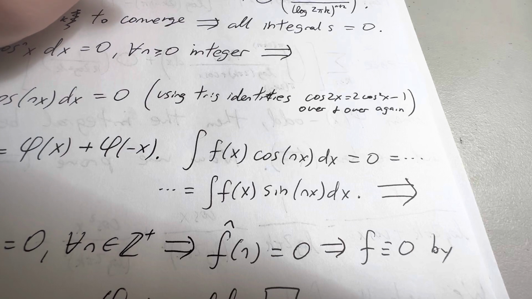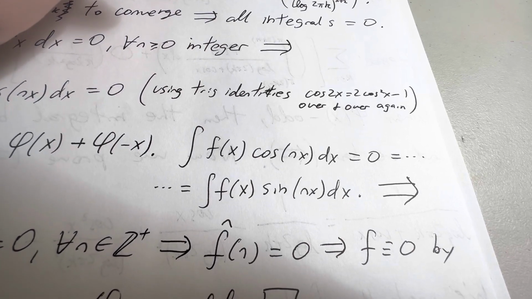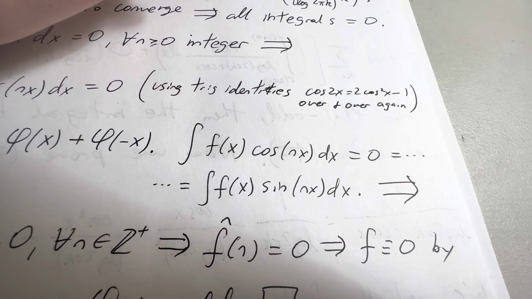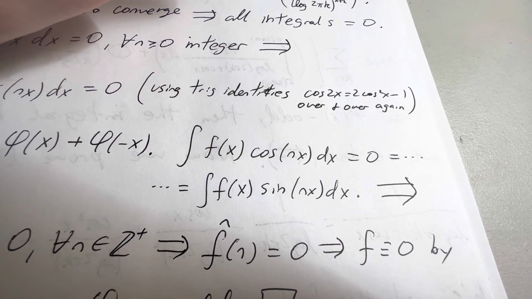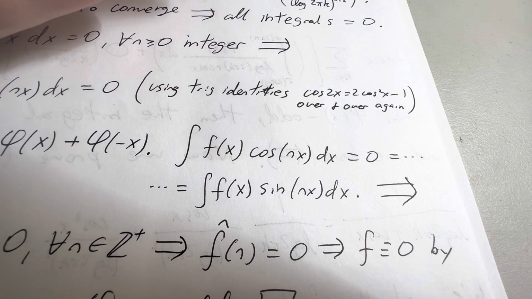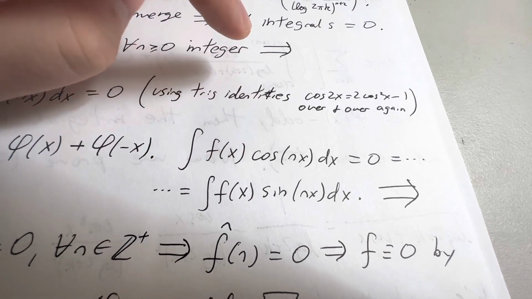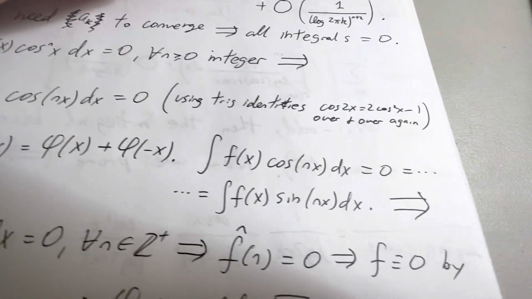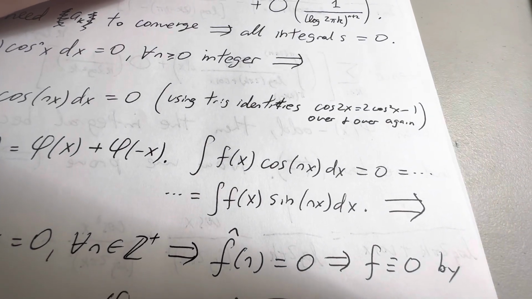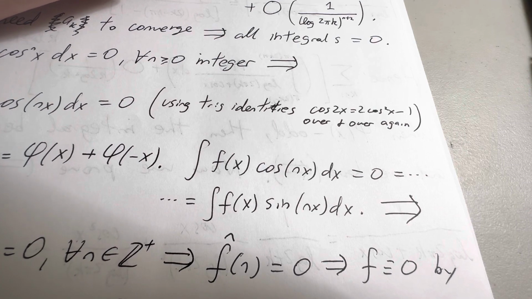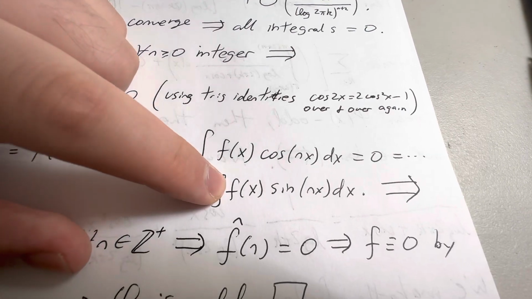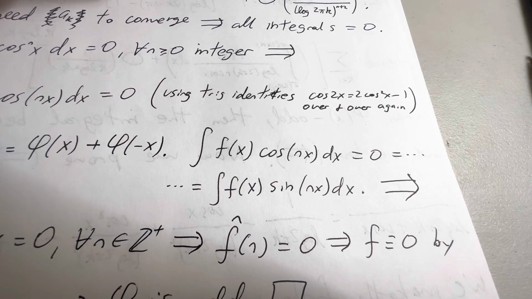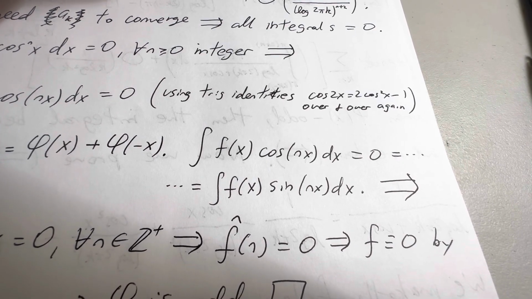Why is this equal to 0? It's even, 2 pi periodic. Well, cosine's 2 pi periodic, because again, we're still on the interval from negative pi to pi. I don't think it's too hard to show that it's equal to 0. This one definitely makes sense, because sine is an odd function, so that part's going to be equal to 0.